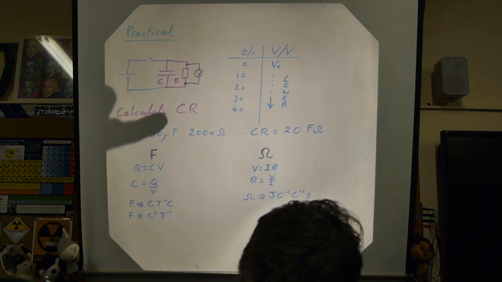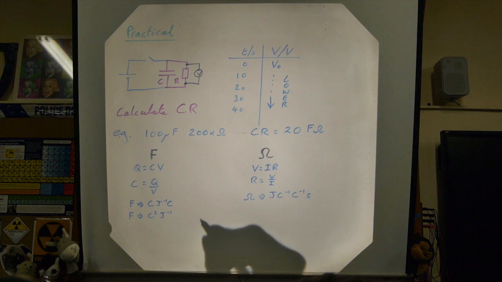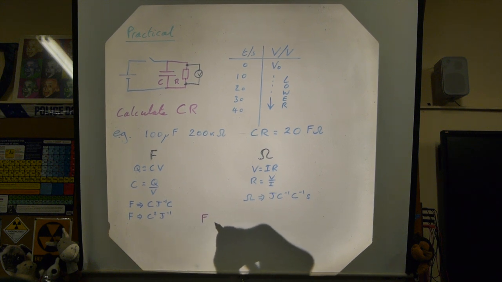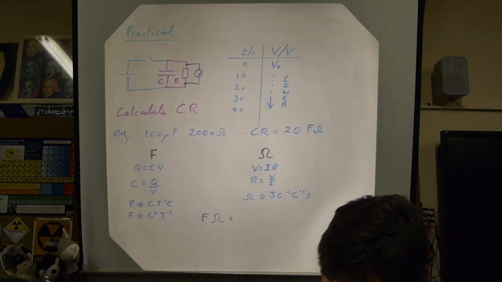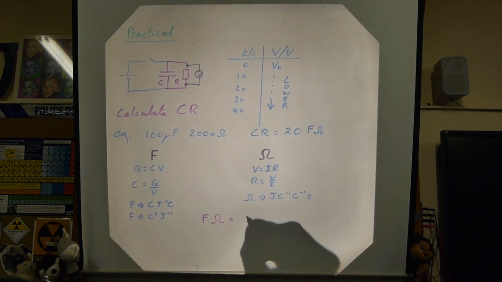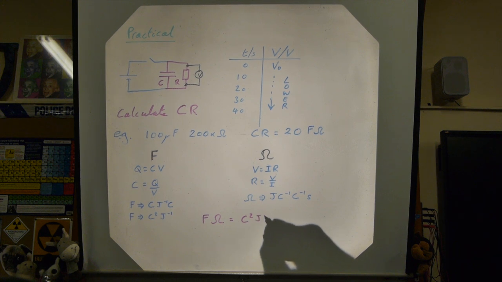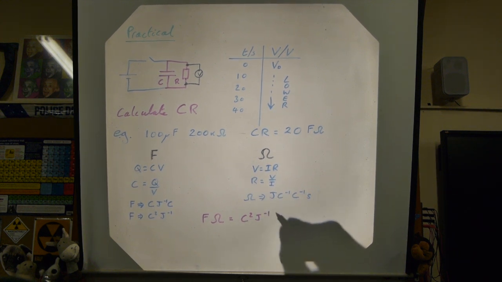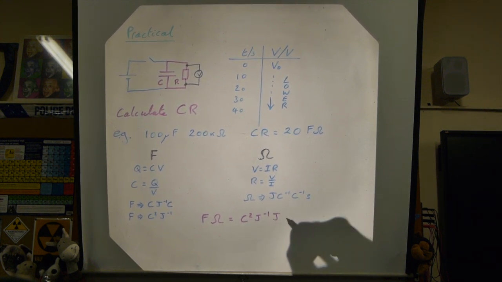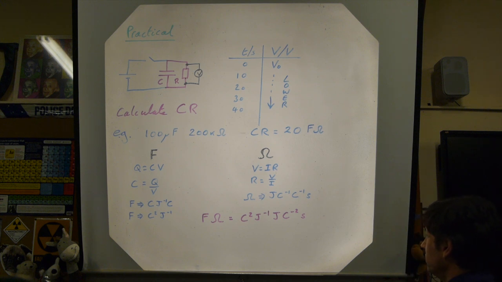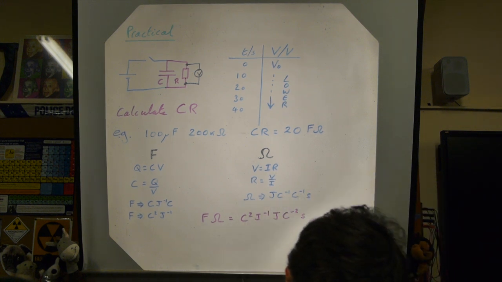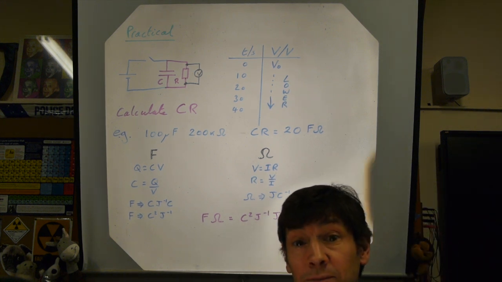So let's have a look at what CR is. CR is farad ohms. The farad is coulombs squared joules to the minus 1. The ohm is joules coulombs to the minus 2. My word. Isn't that strange? Really surprises me every time I do this.